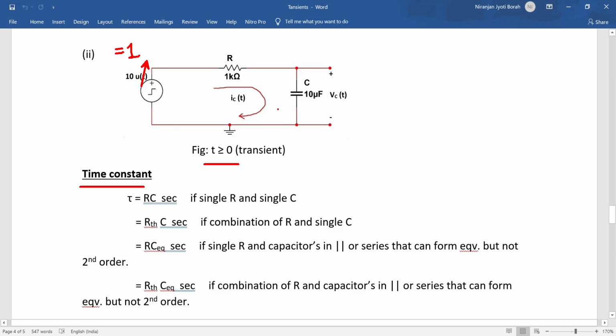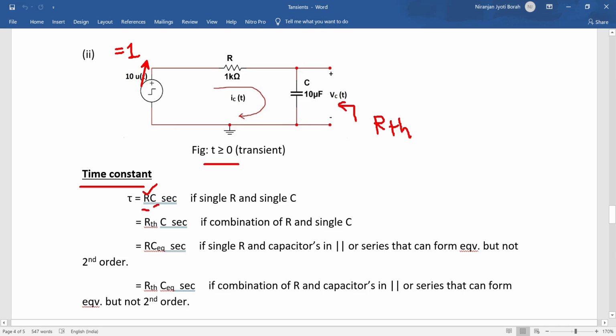For a first order RC circuit, the time constant is given by R multiplied by C. In finding the time constant, R is often the Thevenin's equivalent resistance at the terminals of the capacitor. That is, we take out the capacitor C and find RTH at its terminals.